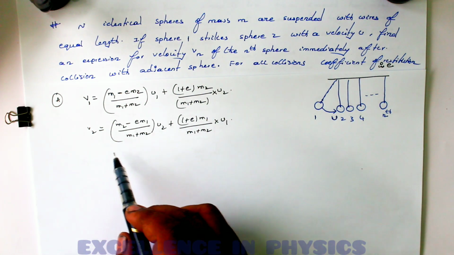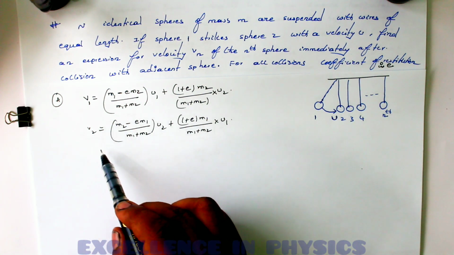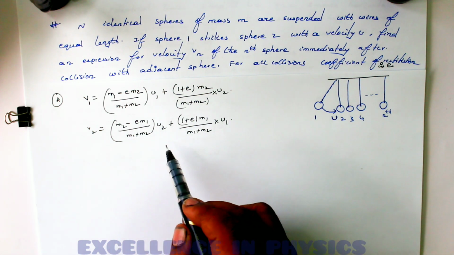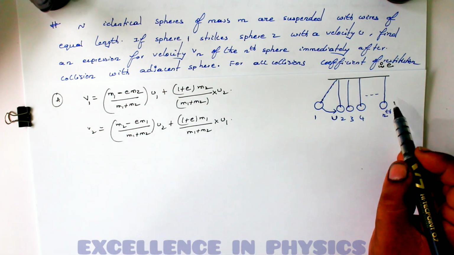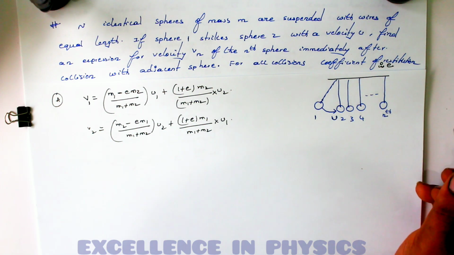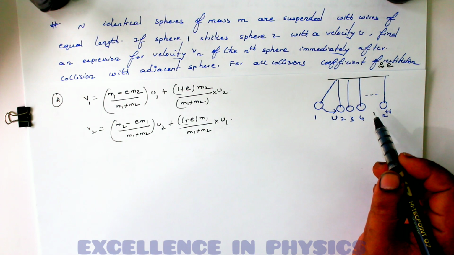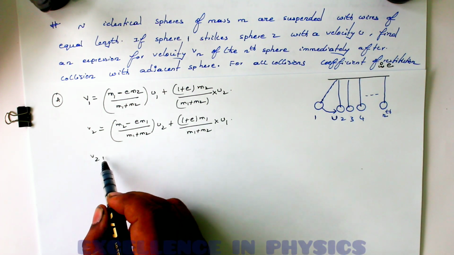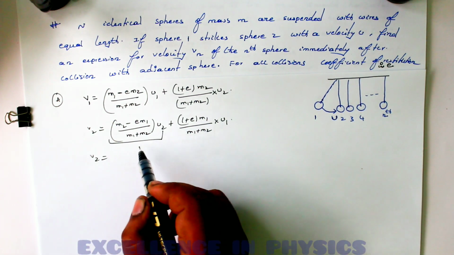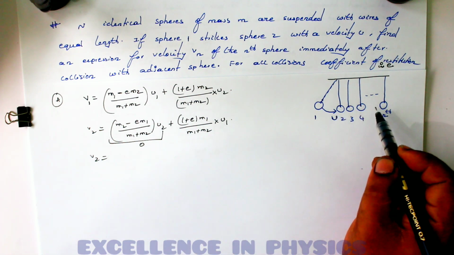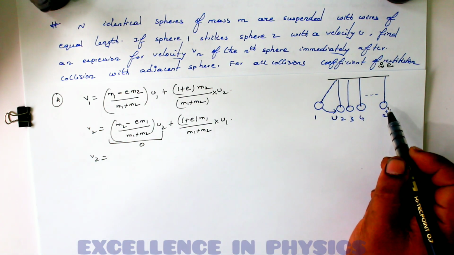We are interested only in the final velocity of the second ball, that is the target ball, because after all the collisions, the nth ball also will become the target ball for the sphere before this nth sphere. So V2 will be equal to, this first term will become 0, because all these balls were in rest position before collision.